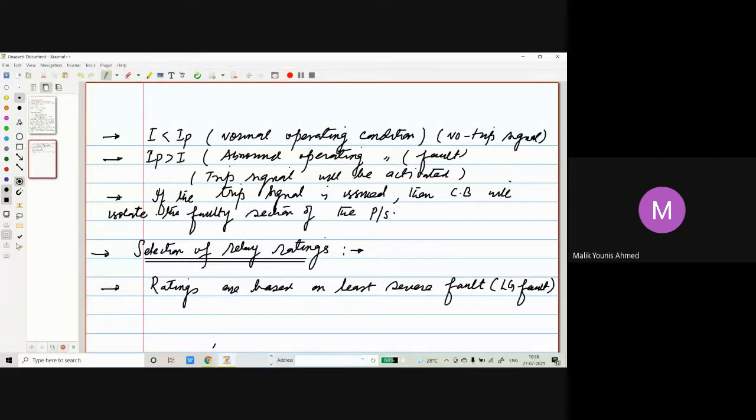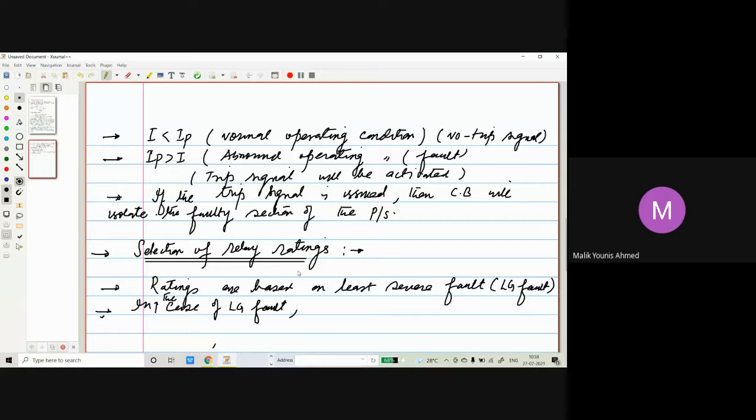So in the case of an LG fault, it's the least severe fault. What will happen?